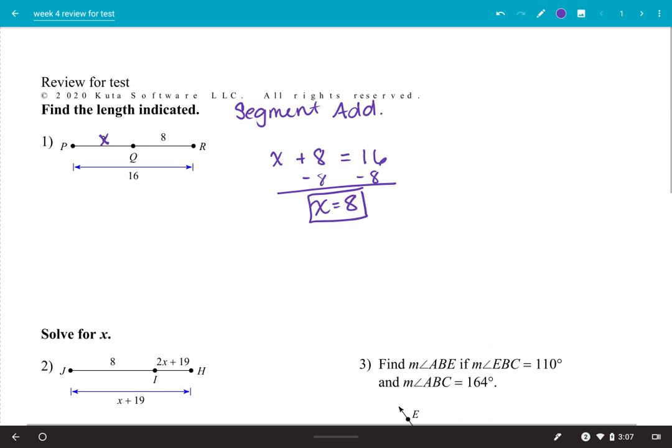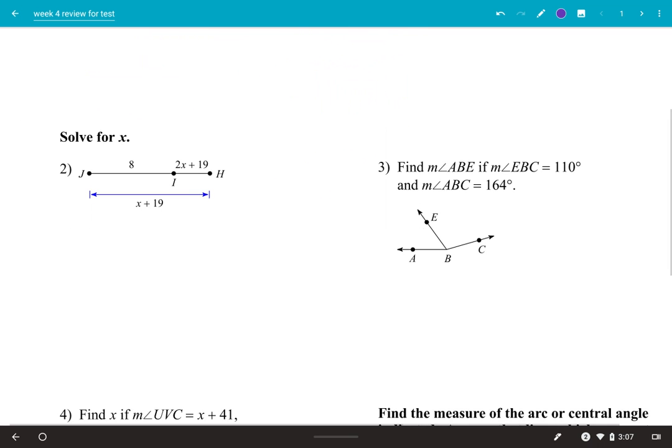And then that's your answer. That's the basic concept. So the next one, again, is going to be segment addition, where we take the small piece plus the other small piece. So this one plus this one to give us the whole thing. Okay, and what we're going to do is combine like terms.